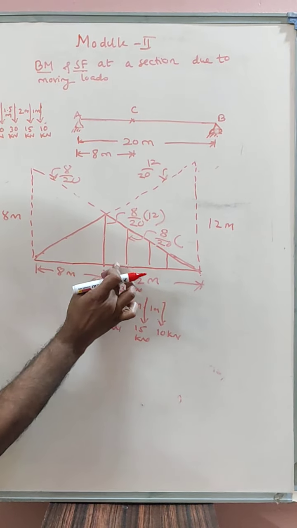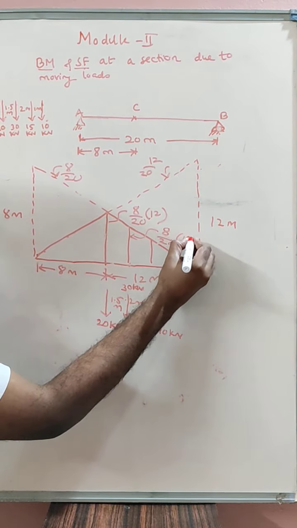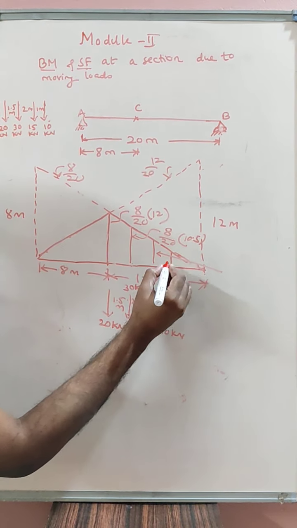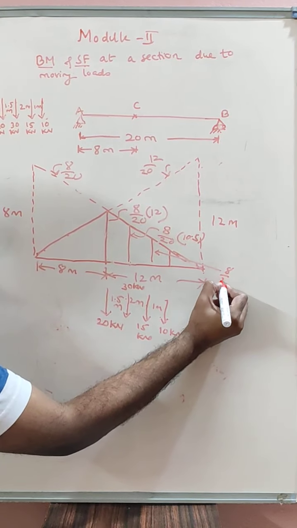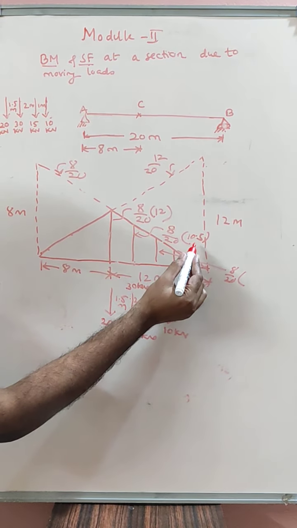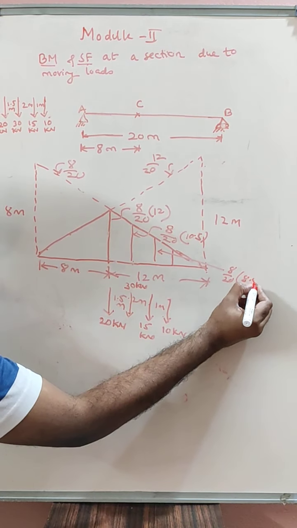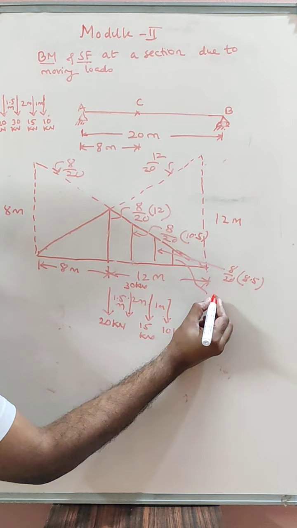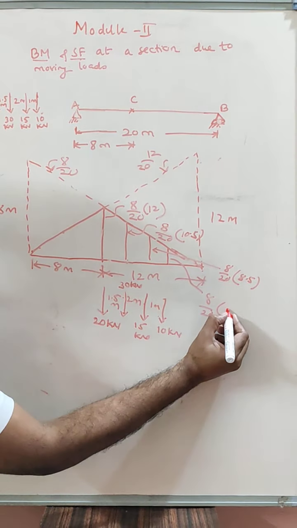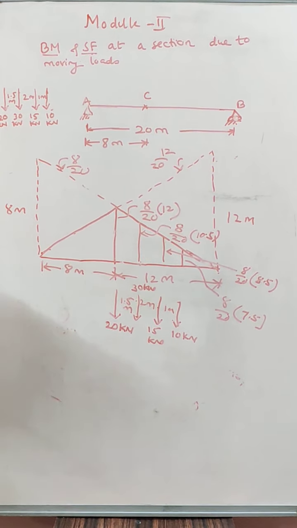So this is 12 minus 1.5. How much? 10.5. So 8 by 20 into 10.5 this is. Similarly, what is the ordinate of this line? 8 by 20 is the slope into 10.5 minus 2, that is 8.5. And the last one, 8 by 20 into 8.5 minus 1, 7.5. This is how we can find out.